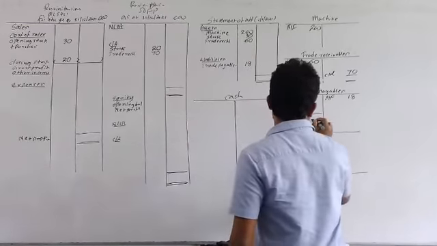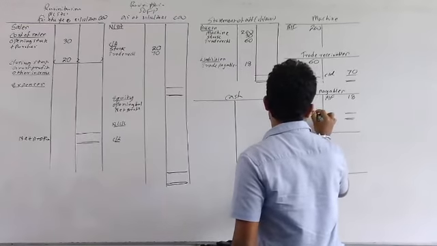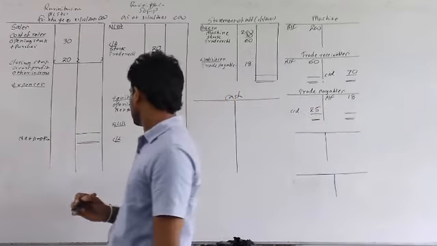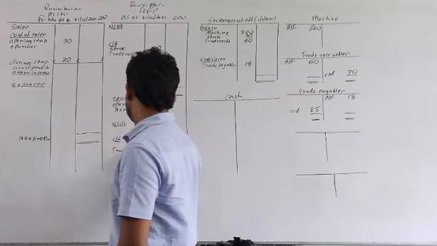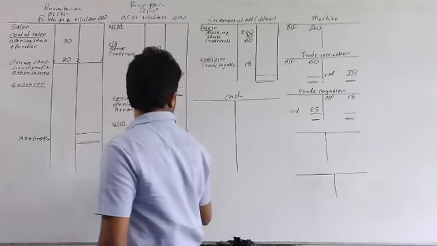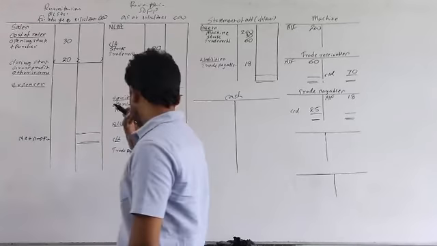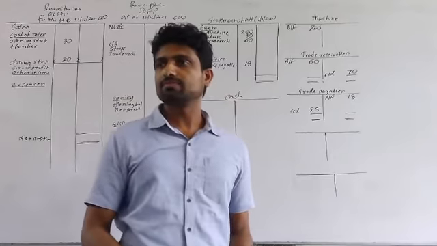Closing balance 25. Take this to current liabilities, trade payables. Right? Okay.